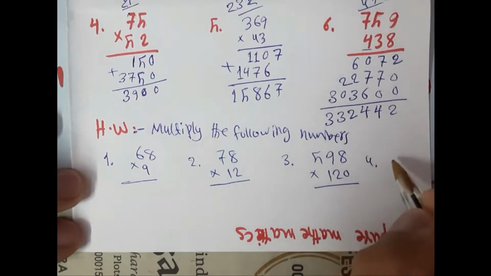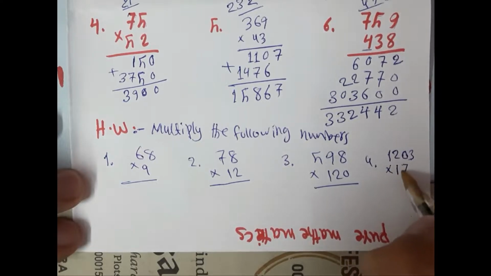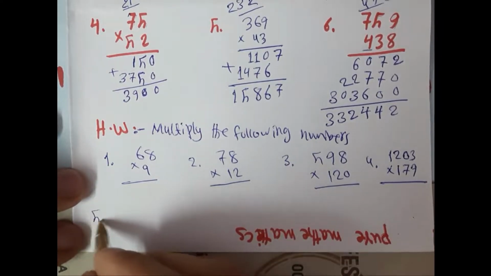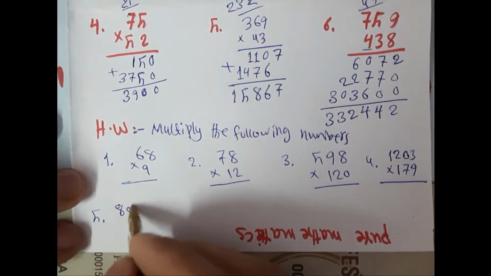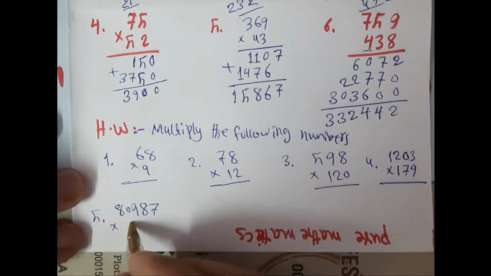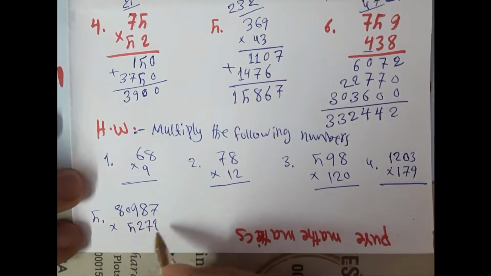Number 4, 1203 multiplied by 179. Number 5, 8087 multiplied by 52171.